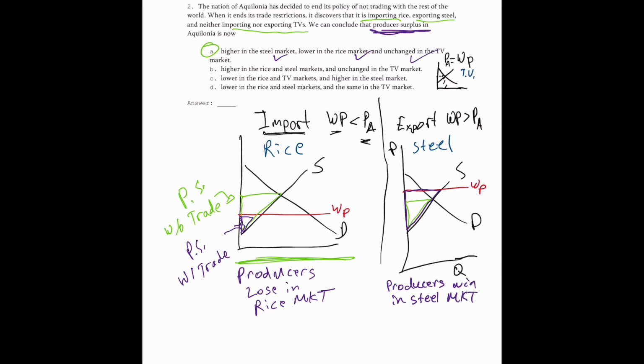Similarly, in the steel market where we're exporting, we know that the world price must be greater than the price of autarky. So in the steel market, the same thing, our little green area shows us the producer surplus without trade, and our purple area shows us the producer surplus with trade.